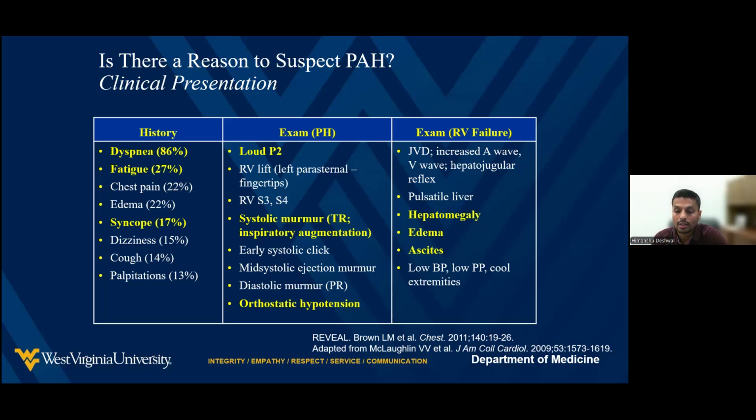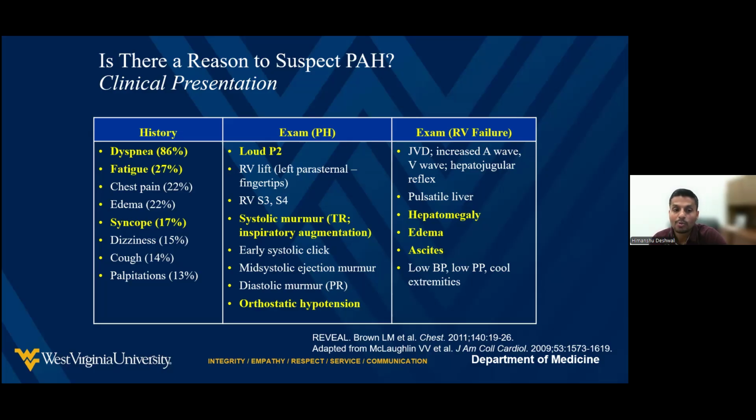And that's very interesting, because when you do positional changes, the preload to the right ventricle changes. So when you go from standing to supine position, there's more preload to the right ventricle. It pushes the septum toward the left ventricle, reducing left ventricular filling, and hence reducing cardiac output, and hence reducing blood pressure.